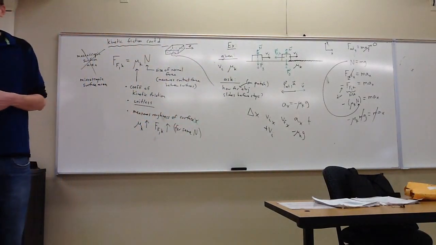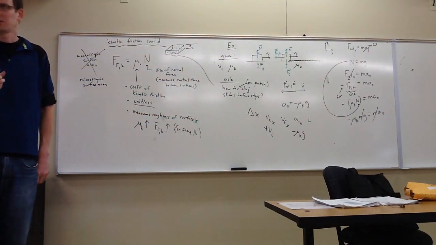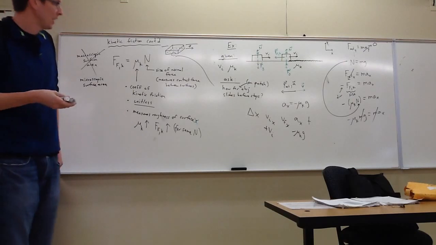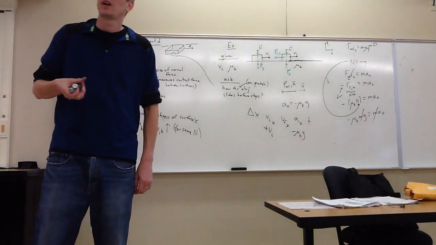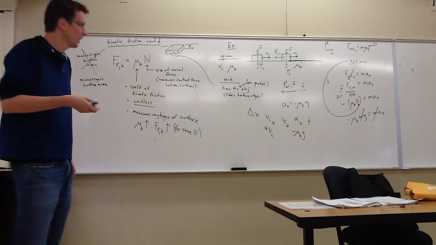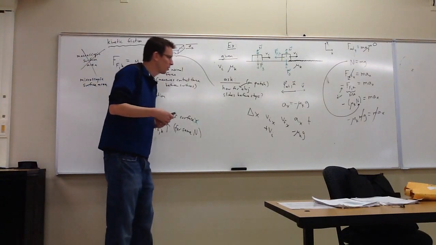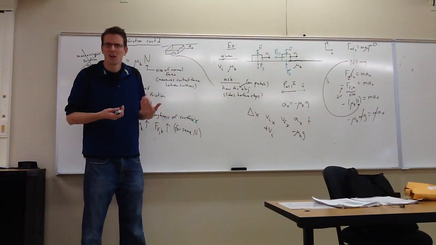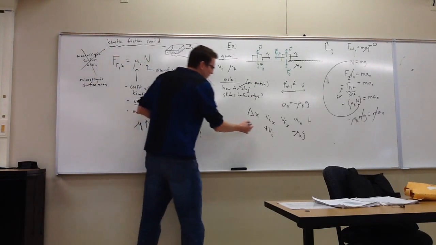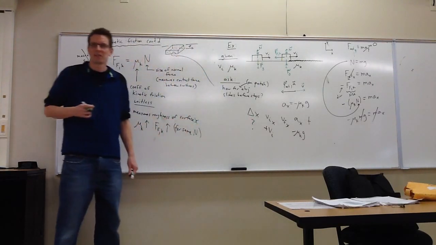So remember when you're doing this to put signs, right? So in my case, anything that points to the right is plus. Anything that points to the left is negative. Of course, what am I looking for? Displacement, right? How far do I slide on this patch before I stop?